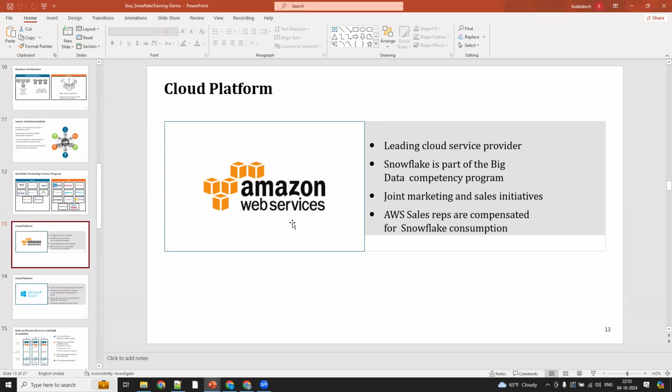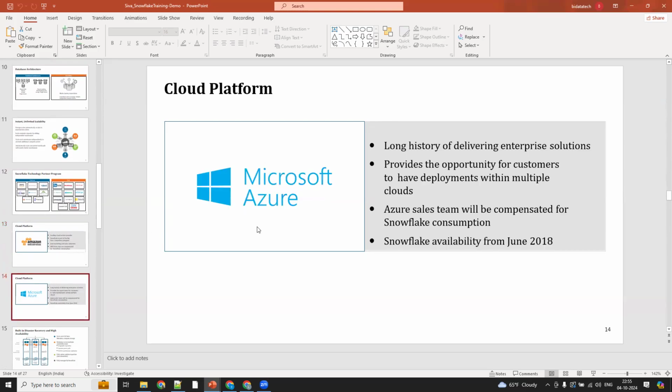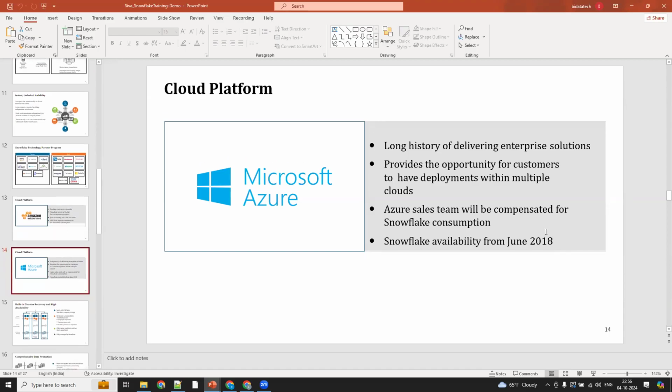Slowly, Microsoft Azure also became very popular and started grabbing the market, increasing their customers, so they slowly tied up with Azure as well. They came into the market with Azure in 2018, hardly 6 years back. GCP came very recently.